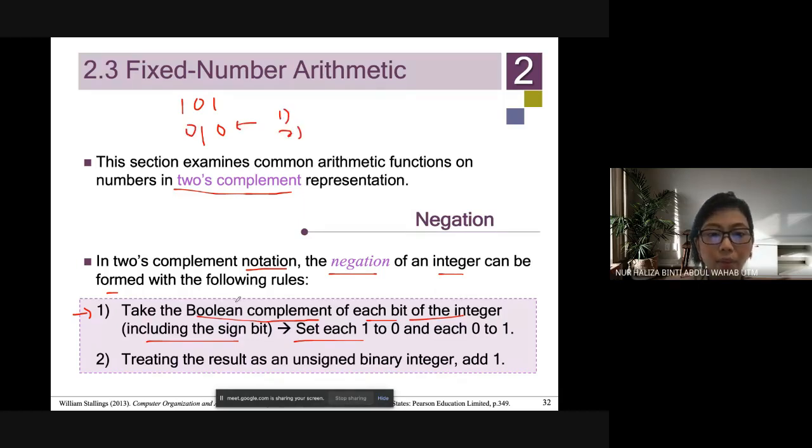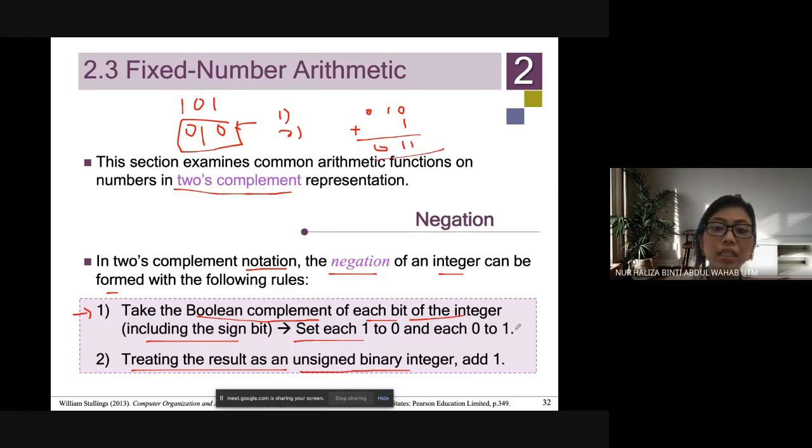Second step, you treat all these numbers that you get as an unsigned bit number, meaning there is no positive or negative. Then you add 1 to this 0, 1, 0, and you will get 0, 1, 1.